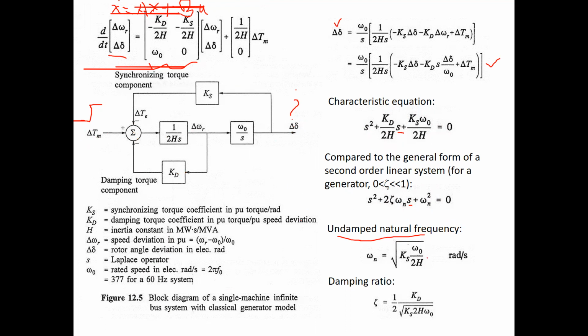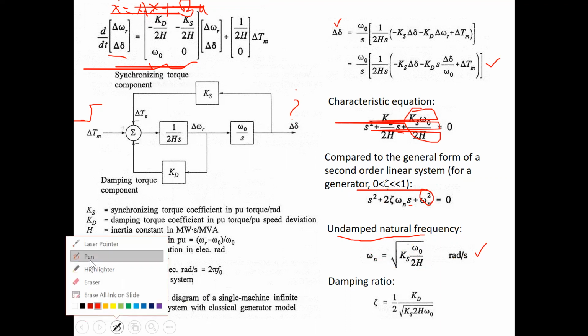So when you compare this quantity with this one, what do you get? Omega n is equal to the square root of Ks omega naught divided by 2H, in radian per second. I have just compared it here, nothing else.